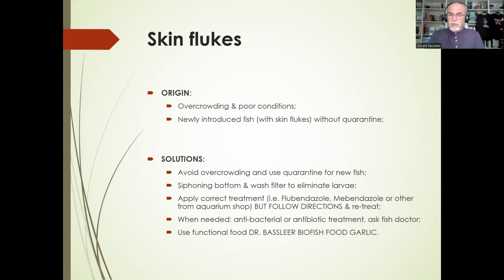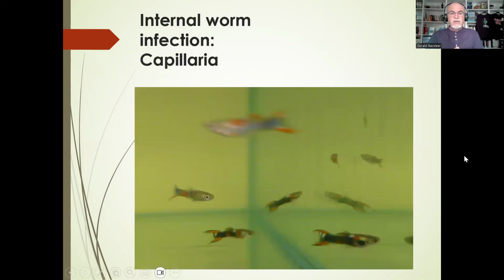We might need an antibacterial or an antibiotic treatment to control the wounds. Ask your fish doctor. And we also recommend a functional fish food like Dr. Bassleer Biofish Food Garlic. The next disease is an internal worm infection, Capillaria.